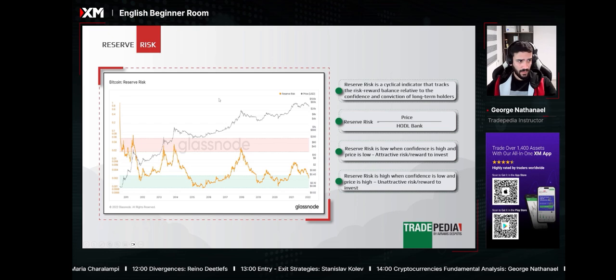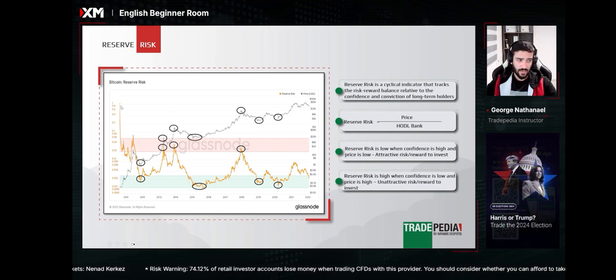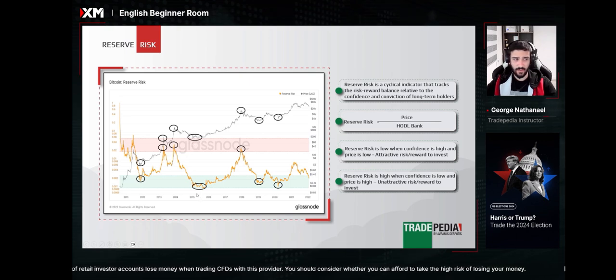So here we can see that the reserve risk reached this undervalued area below 0.003, the green box over here. In this case, there is an attractive risk to reward to invest. So as you can see from the price as well, the price is at its lowest point back then in 2015.